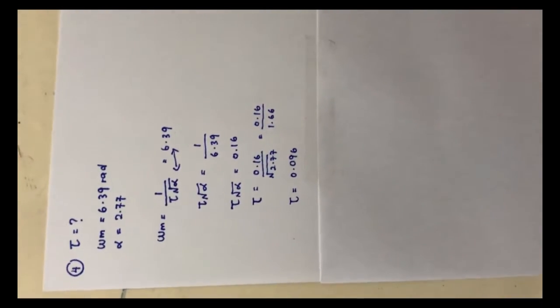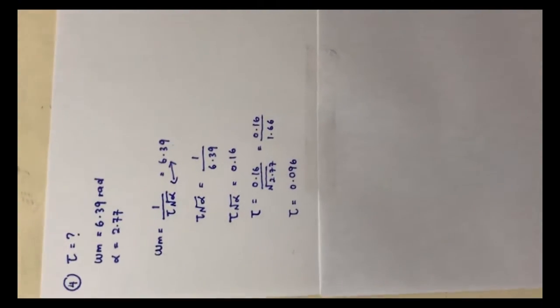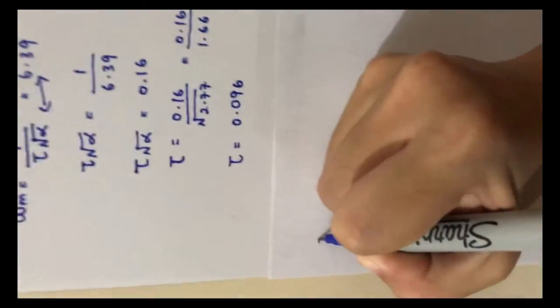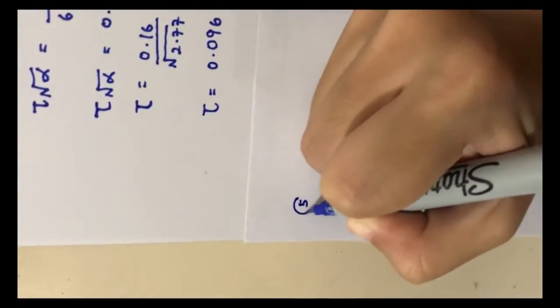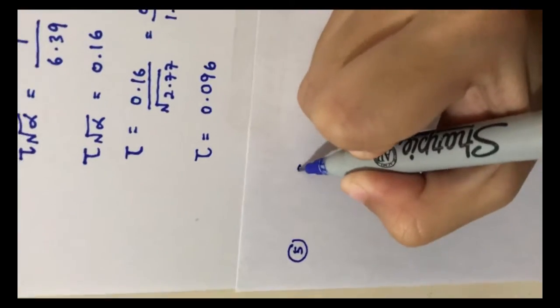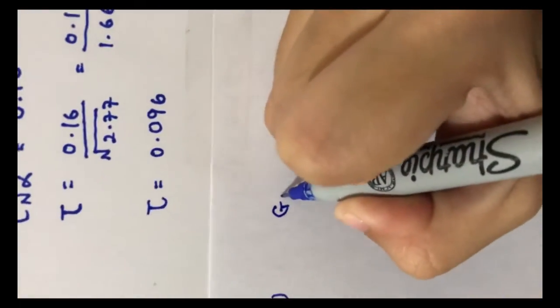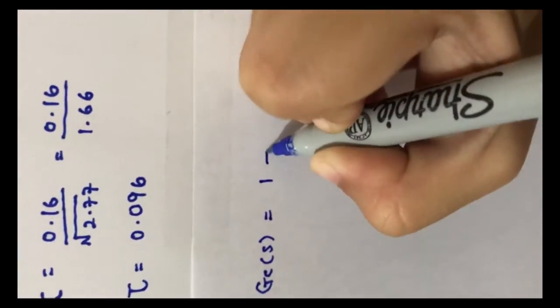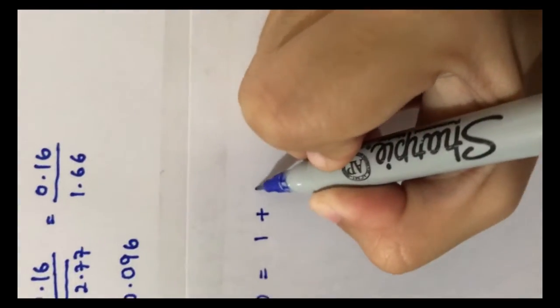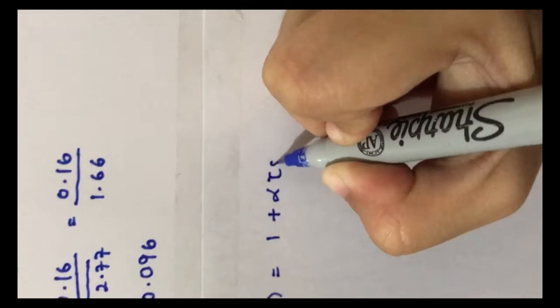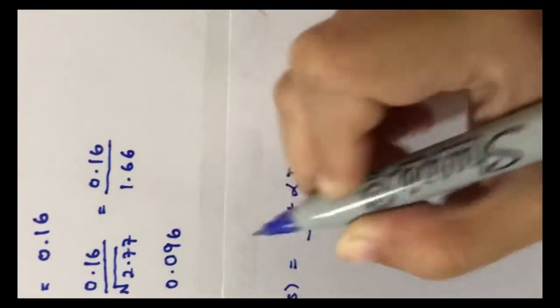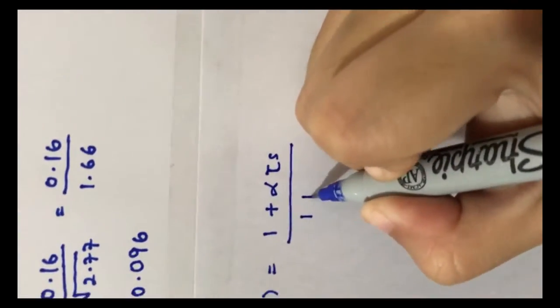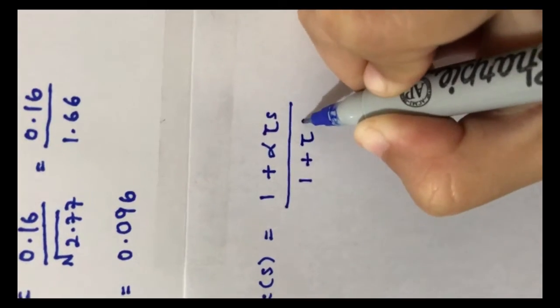Okay, so in the last part, we have to rewrite the lead network transfer function in the following form. So the last step is to rewrite Gc(s) equals (1 plus alpha tau s) over (1 plus tau s).